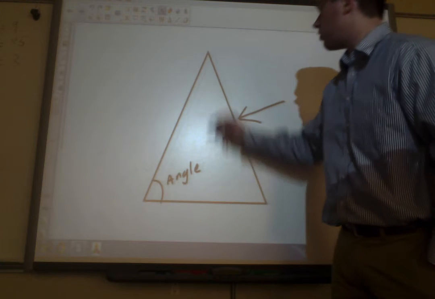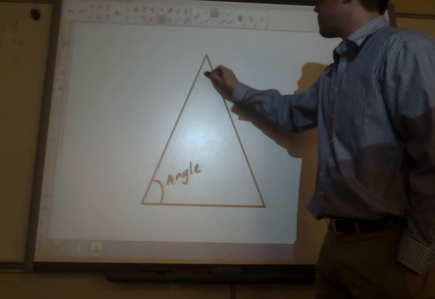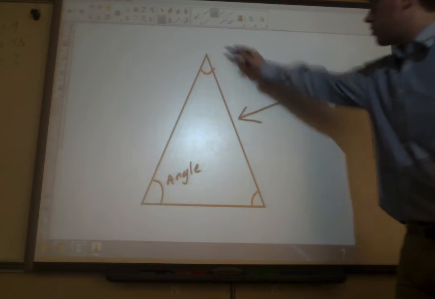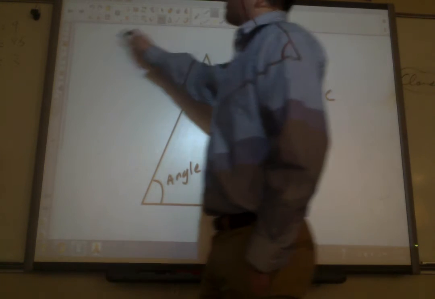So here would be an angle, here would be another, here would be another angle up top, this would be an angle on the side. Those are angles, the lines are sides. So we need to be familiar with that terminology before moving forward.